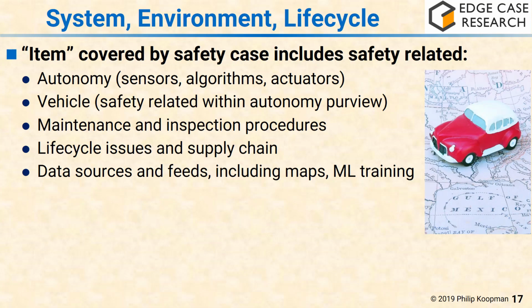The standard also talks about the system environment and lifecycle. So it does define an item, and that's a 26262 keyword, except we're using it in a very broad sense here. So the item is going to include not only the function inside the car and the faults you consider, not just failures inside the particular mechanism, but the item is going to be the autonomy. It's going to be the vehicle itself. And so even things like tires and wheels are relevant to the degree they can impact the safety case, the degree the autonomy has to deal with it.